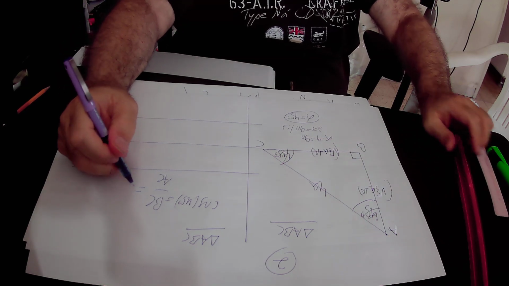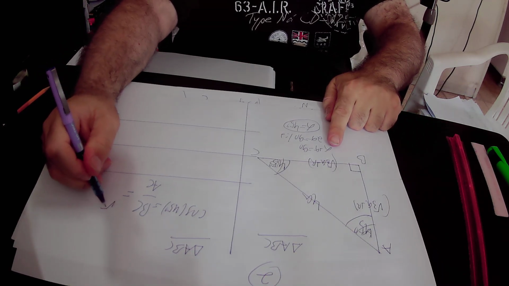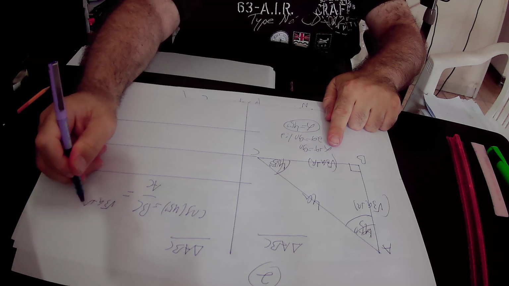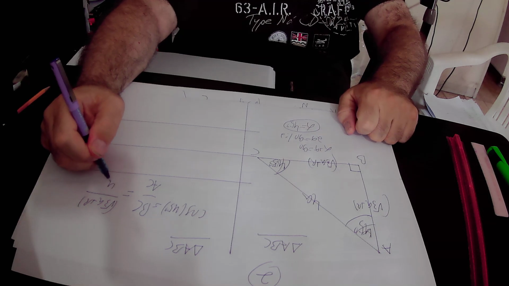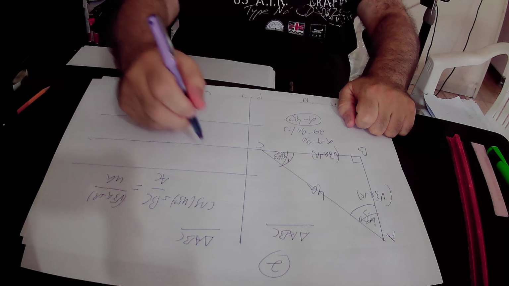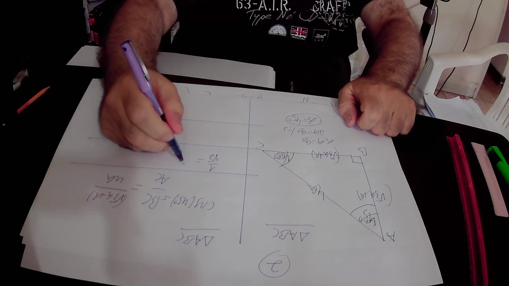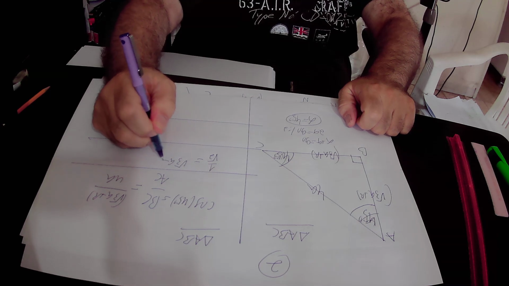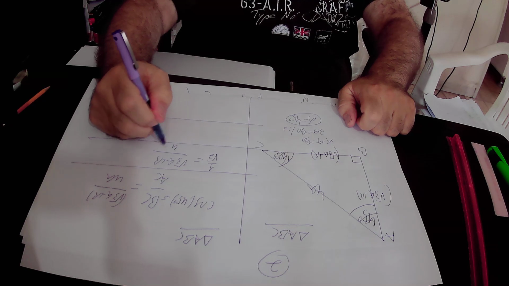So cosine 45 degrees equals BC, which is the square root of 3 times a plus r, over AC. AC is 4a, so we substitute AC by 4a. And cosine 45 degrees is 1 over square root of 2. That is equal to the square root of 3 times a plus r over 4a.